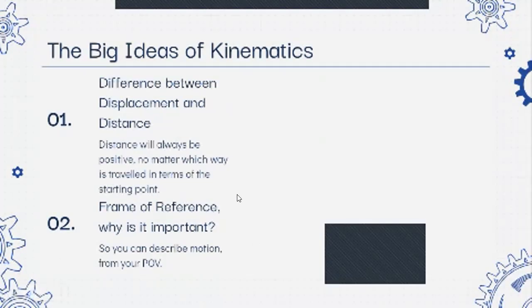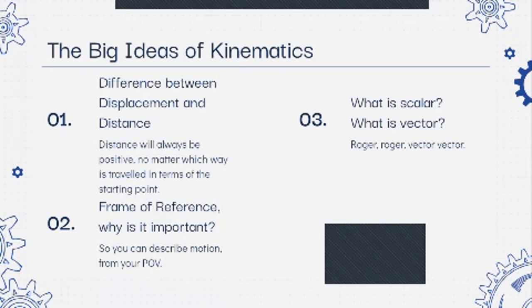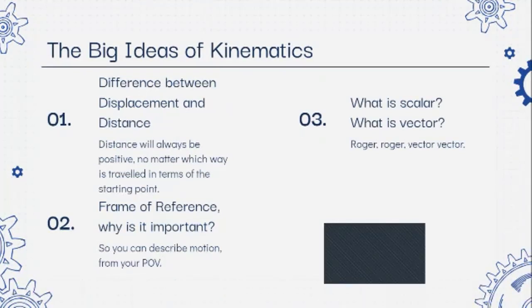That will come into play, especially for frame of reference and starting points, when we talk about displacement and distance. Then we talk about scalars and vectors. A scalar measurement only has one component, and that is the magnitude, which is the number. A vector is the magnitude and a direction.